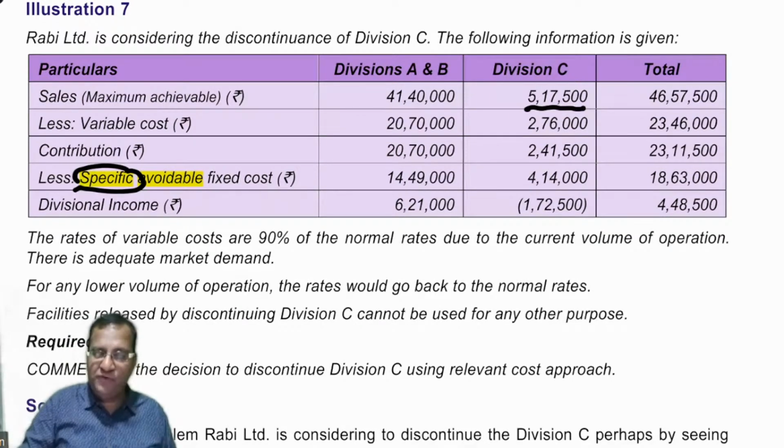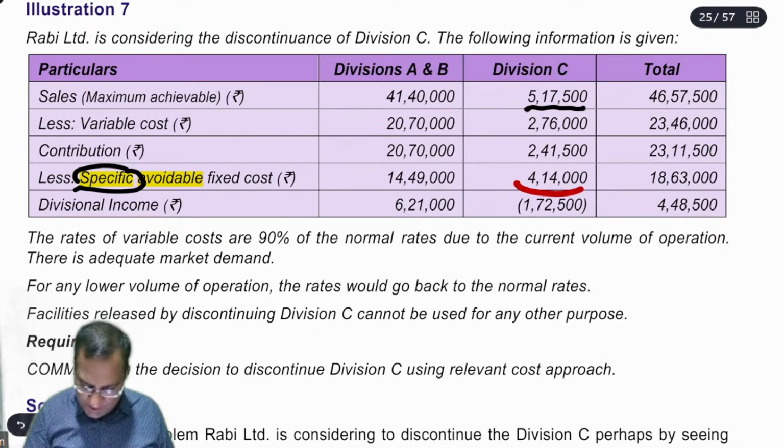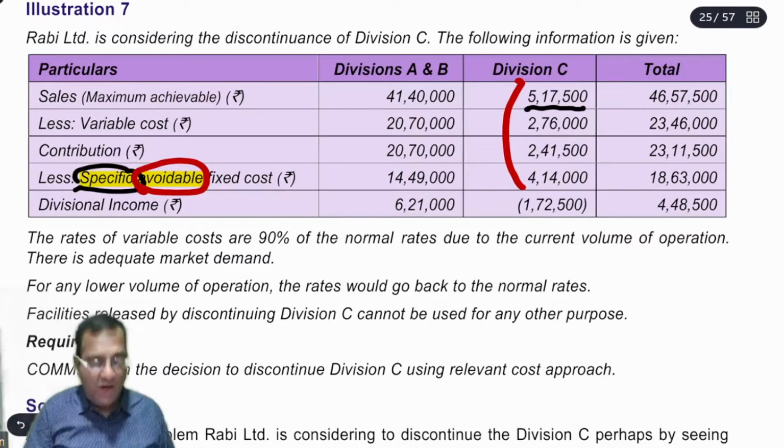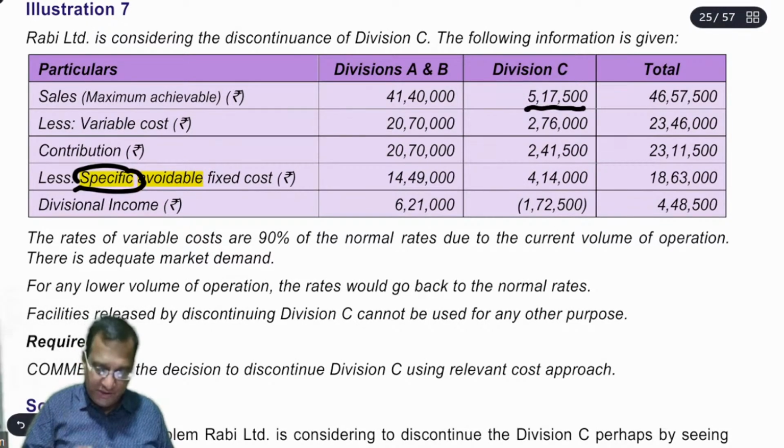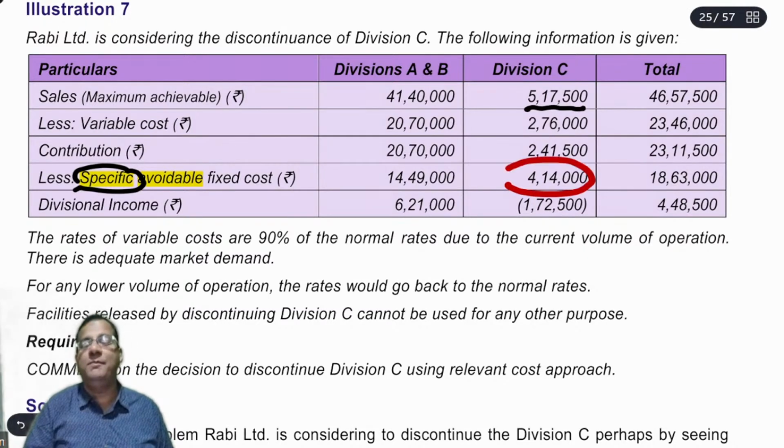These are the common fixed costs. But the word given, specific, means 4,14,000 is specific to department C, and the second word given is avoidable. If we discontinue department C, the full 4,14,000 rupees can be avoided.